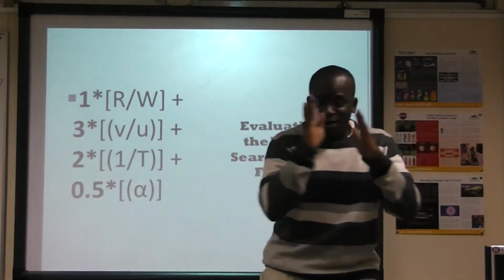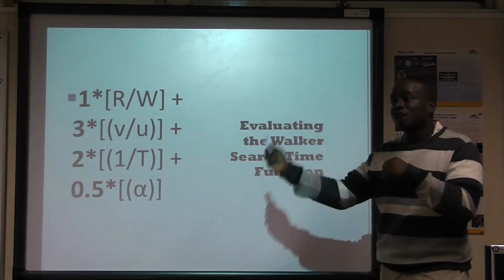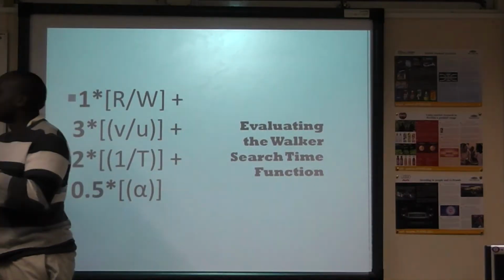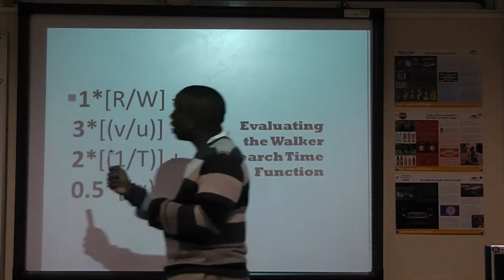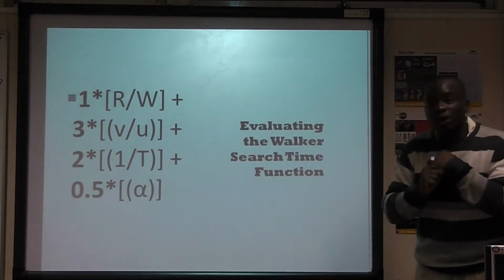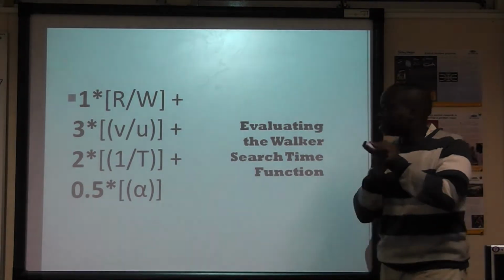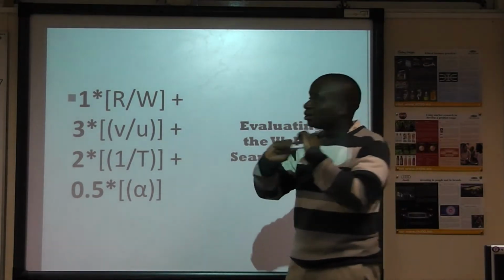Evaluating this, I recognised that the huge flaw in the initial Walker search time function was that it didn't reflect that some components are more important than others. So what I did was separate the components and introduce coefficients.